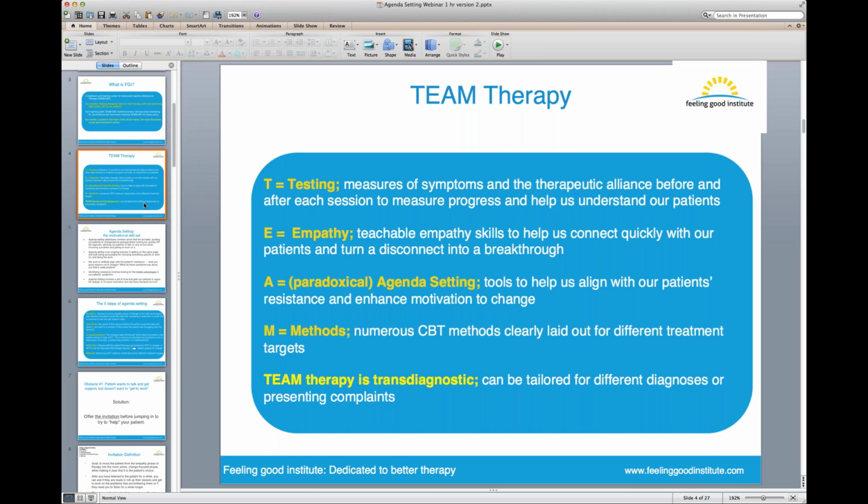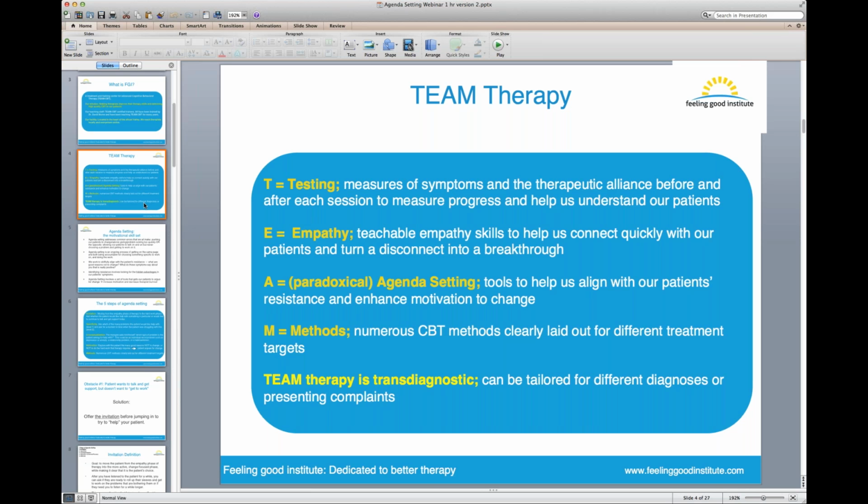This is what we mean when we talk about empathy. The A in TEAM, which I'm going to be focusing on today, is agenda setting. In parentheses, we have paradoxical agenda setting, because these are somewhat paradoxical tools. I'll be sharing some of them with you today that will help us align with our patients' resistance and enhance their motivation to change.